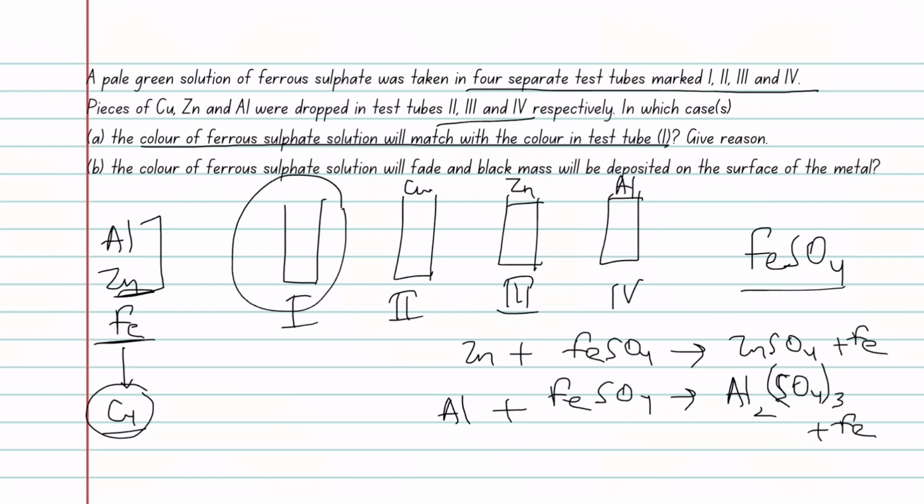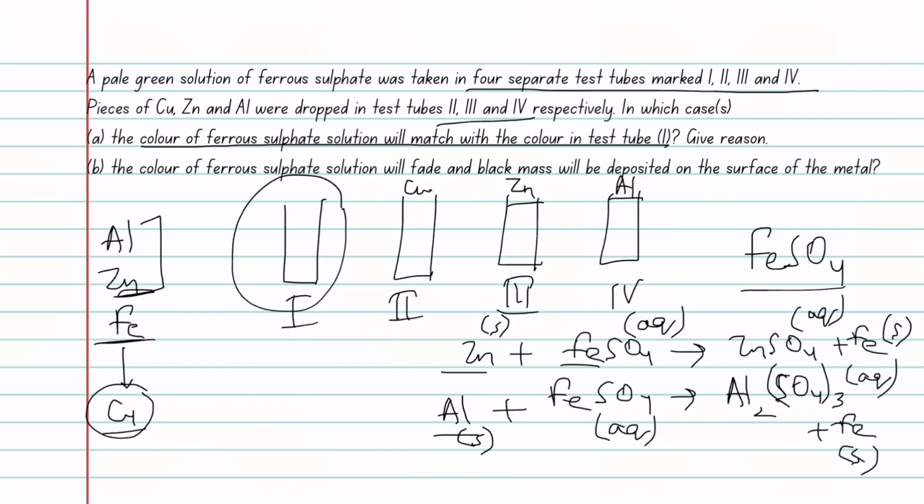Here the displacement will take place because zinc and aluminium are both more reactive than iron, so they will be able to displace iron from its salt solution. Don't forget to mention the state. The salt solution would obviously be aqueous and the metal would obviously be solid, right? Same here, the salt solution would be aqueous and the metal deposited would be solid, right?